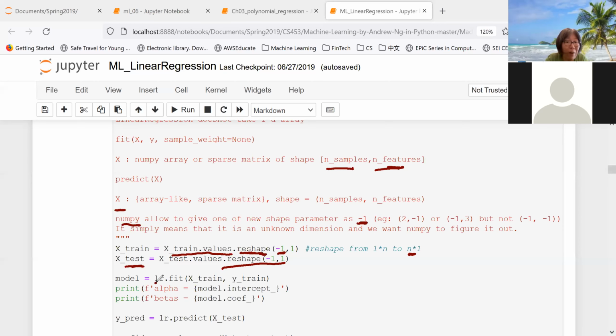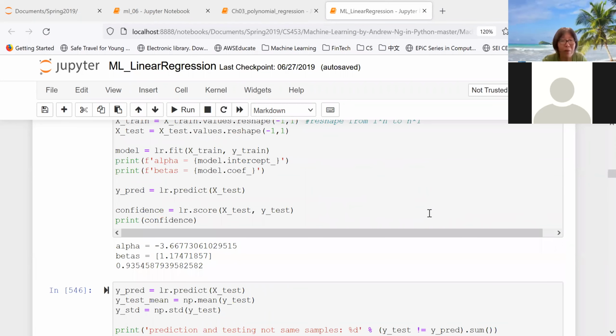After we reshape the data, you can call the fit method of the linear regression model. So far, no matter whether it's a perceptron or linear regression from sklearn, when you do training you always call fit, and then you have the model trained.